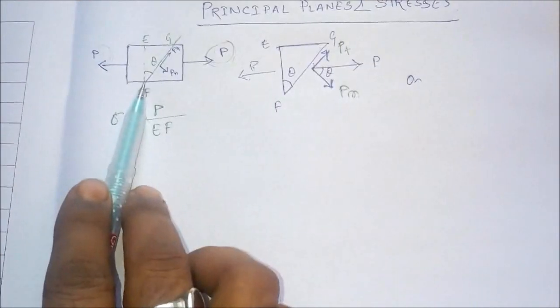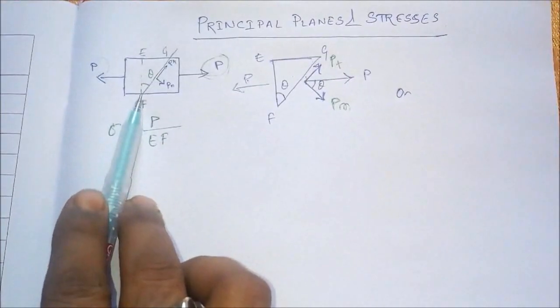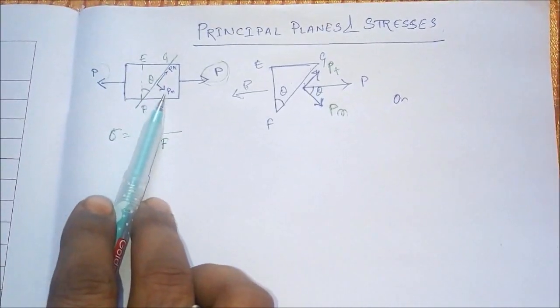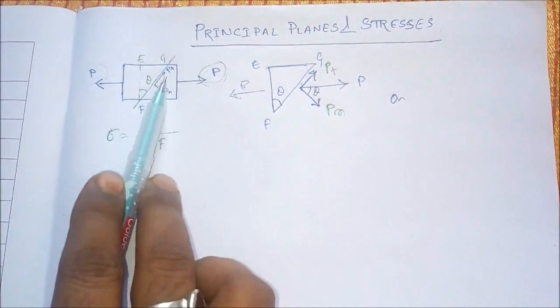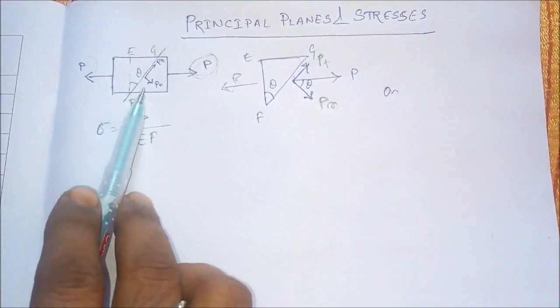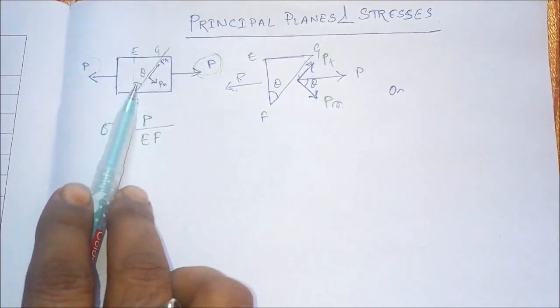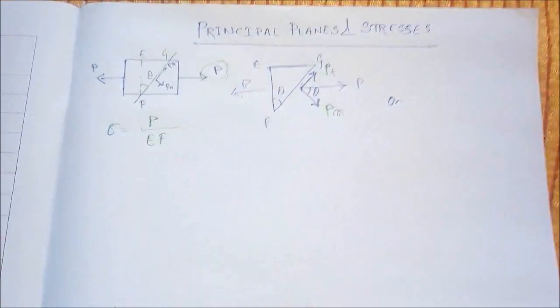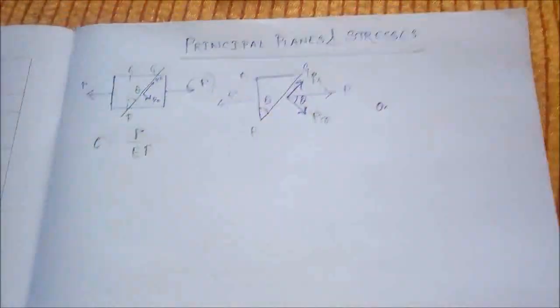Then what will be the stresses, the normal and shear stresses? The forces are P, PN and PT. Then what will be the forces on this plane? Then we can find out the other things.